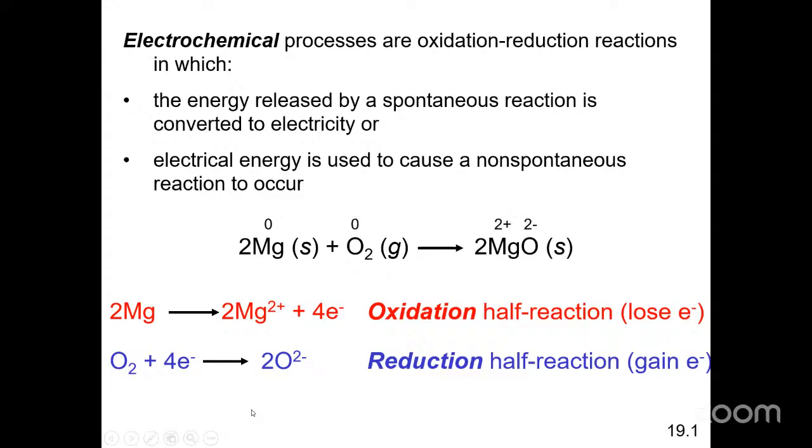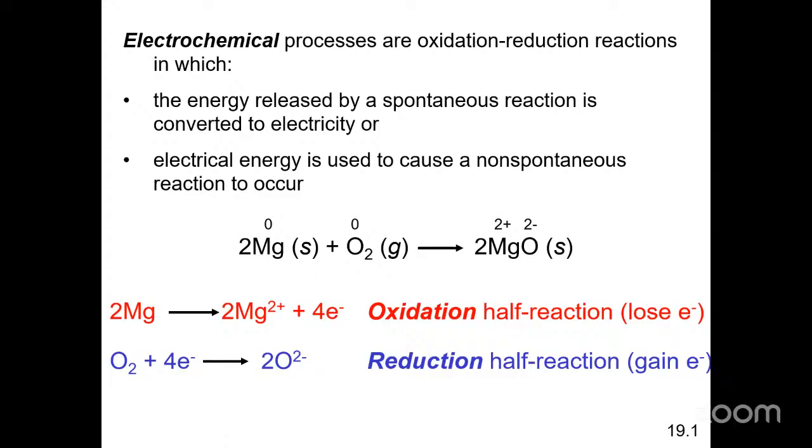And by the way, you can track what is being oxidized and what is being reduced by looking at the changes in the charge of the species involved. So like in this case here, the magnesium on this side has a charge of 0, but over here it's +2, right? So if there's an increase in charge from 0 to +2, that is basically oxidation, because in order for the charge to increase, the magnesium would have to lose electrons.